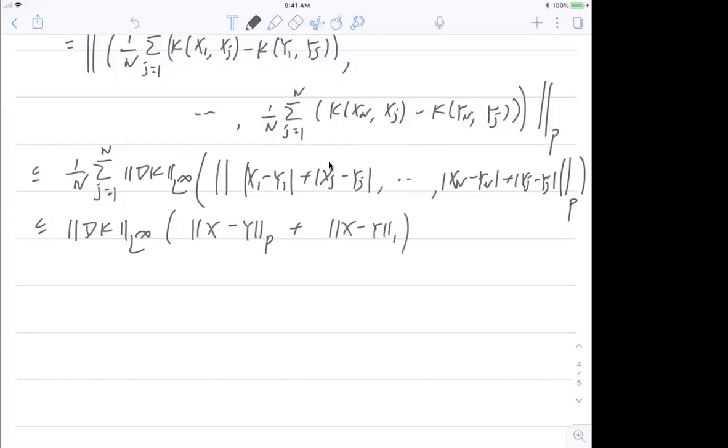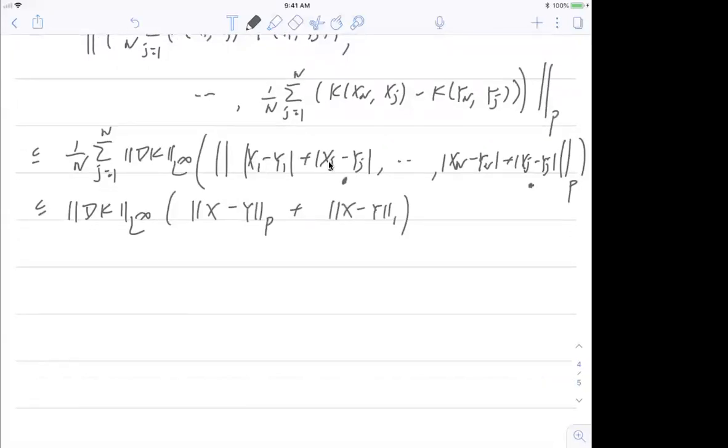This 1 norm comes from a common term that you sum with respect to j. But we know the 1 norm is controlled by the p norm, so here it is just a 2.